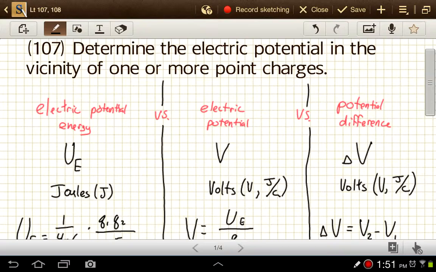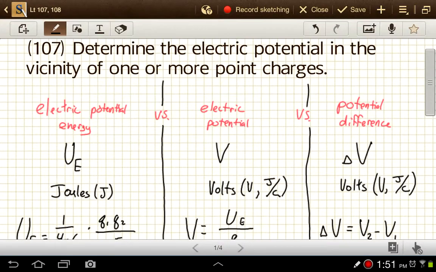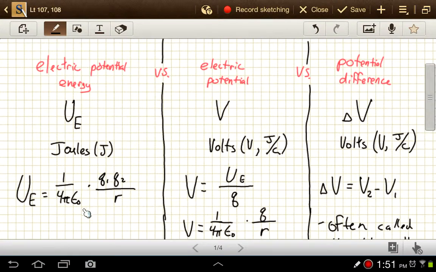So let's try a calculation of potential difference, which kind of incorporates these other two here. Electric potential energy is pretty straightforward. It is worth noting that this can have positive or negative values. If we have two positives or two negatives, we'll have a positive electric potential. But if we have one negative and one positive, that'll be a negative electric potential energy.